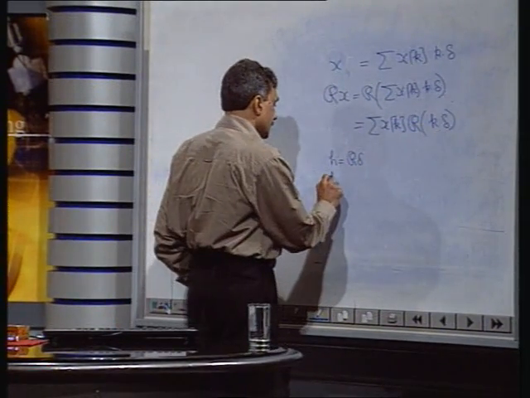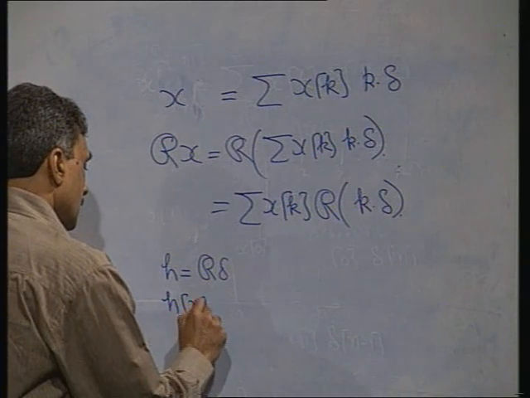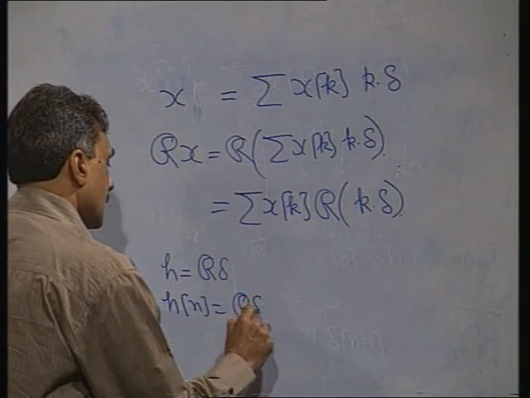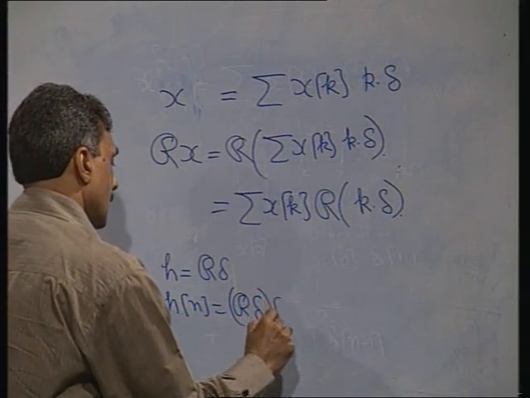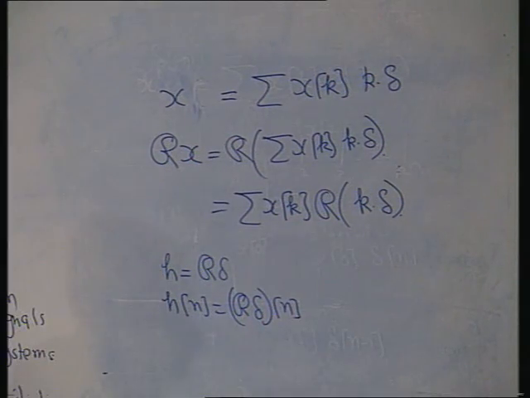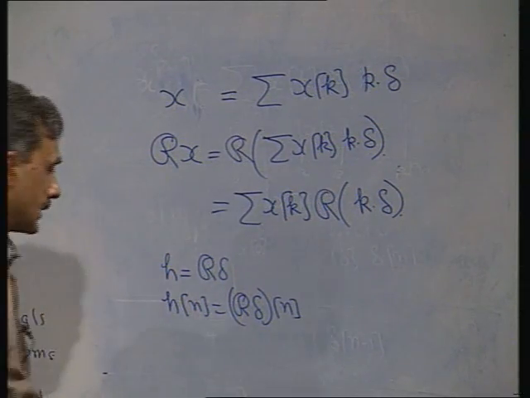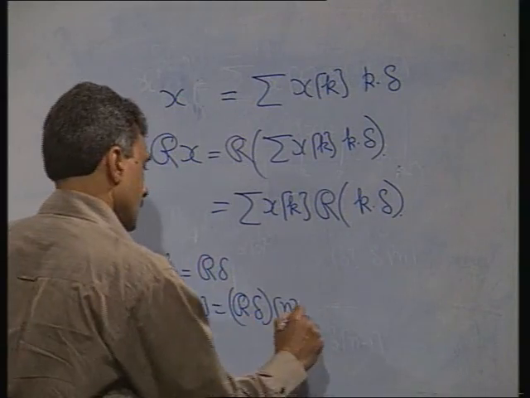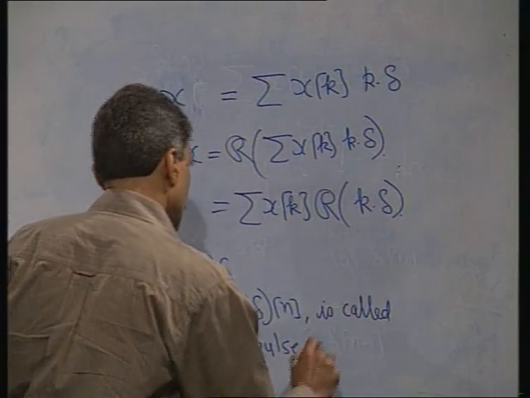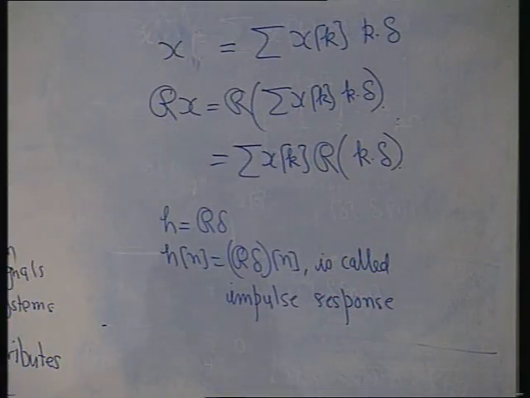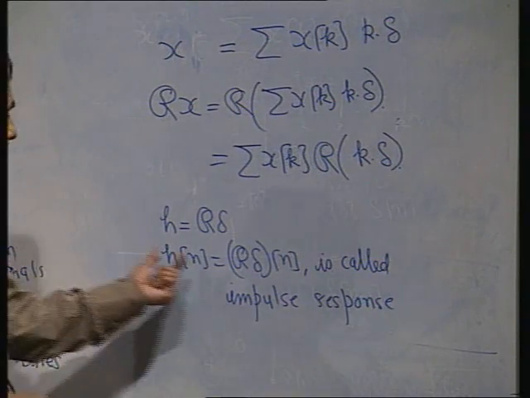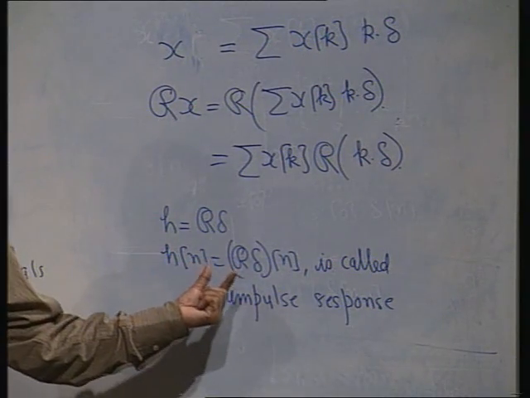So if I want to evaluate that map at instant n, basically I am evaluating R delta at n, and h of n in the literature is called the impulse response of the system, because it is the response of the system to an impulse function. Delta n is also called an impulse function. Okay, so this is the impulse response of the system.